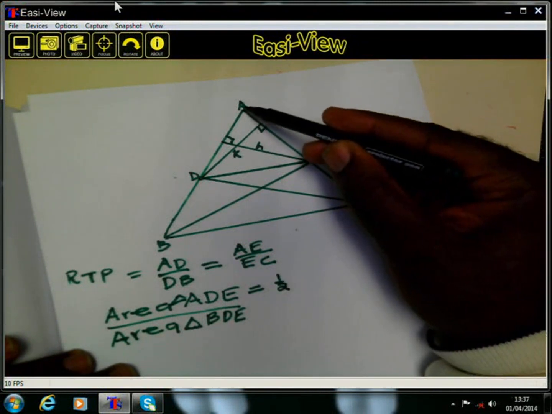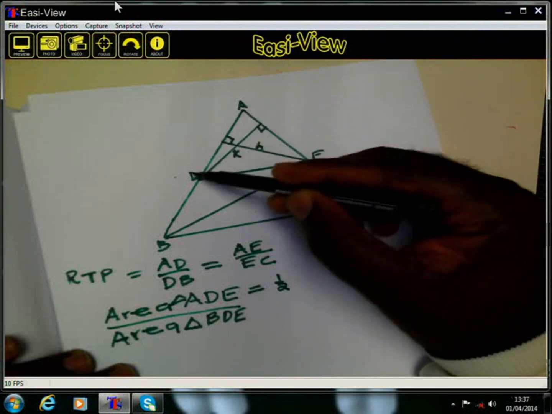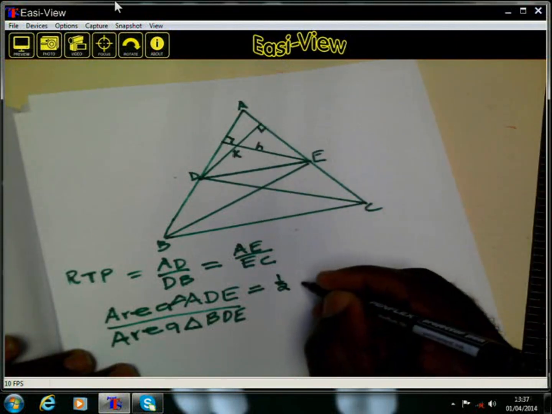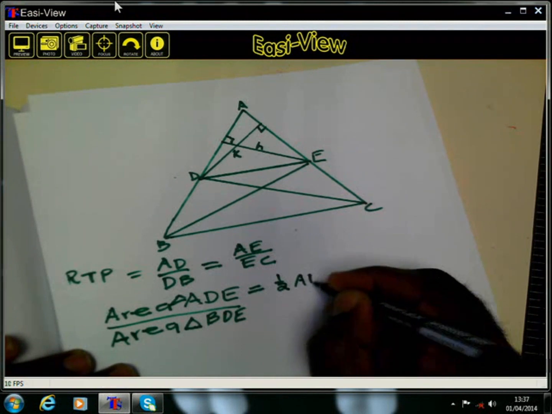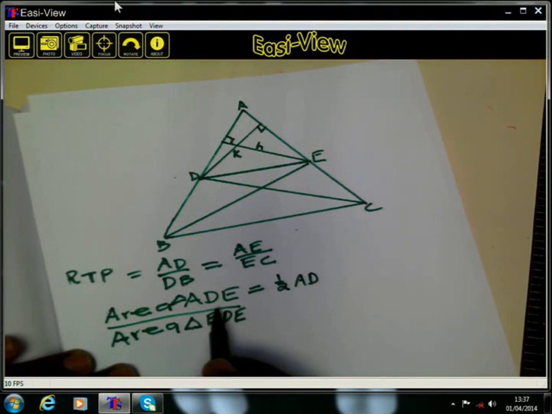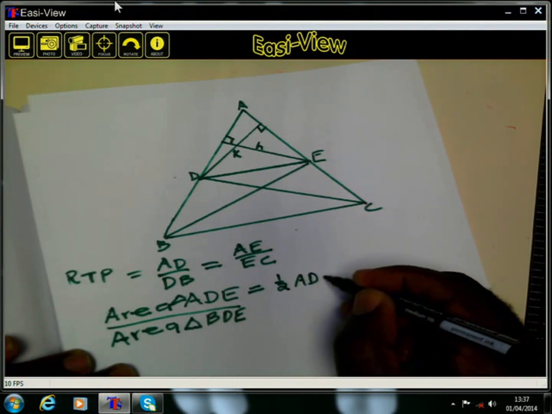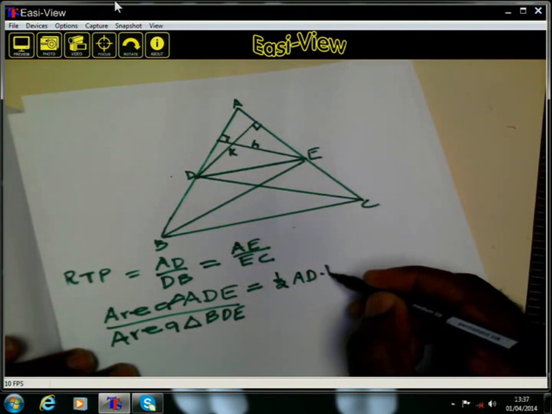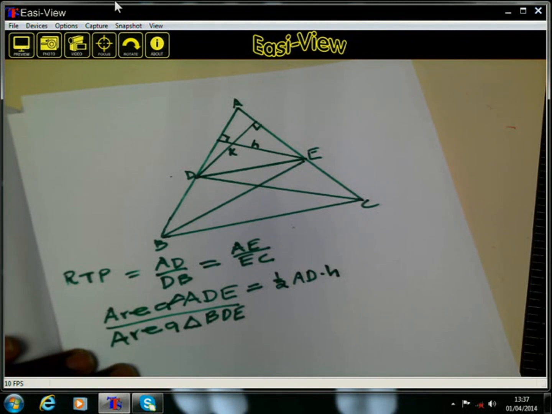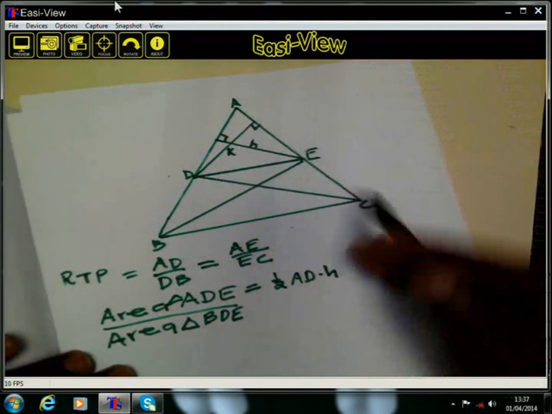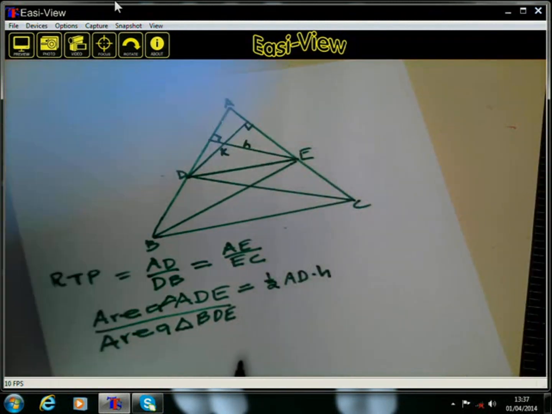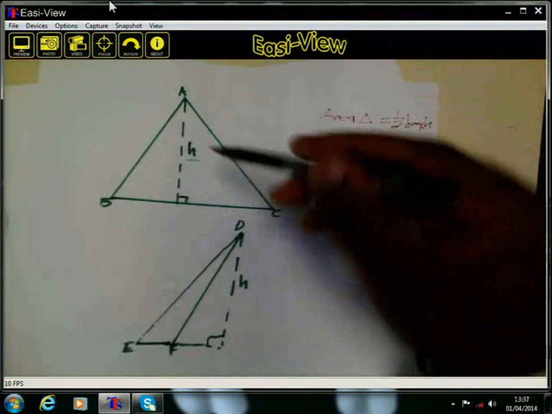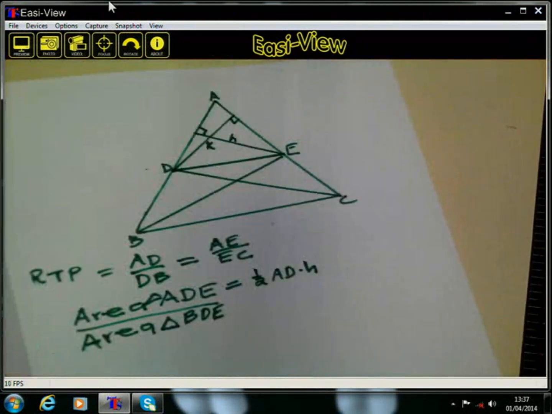What is the base? Our base this time is AD. Half of AD as the base for triangle ADE, multiplied by the perpendicular height. The perpendicular height is H. This is that triangle.